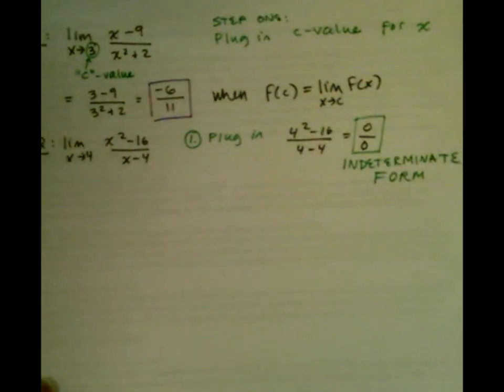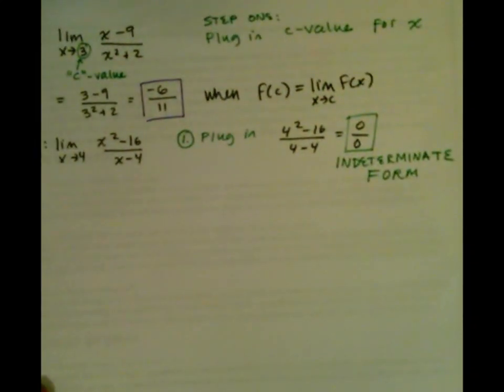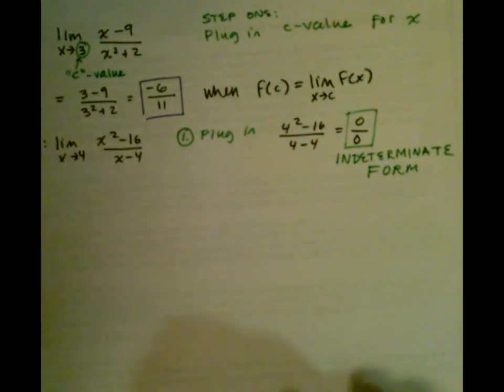This is telling us that we have some sort of hole in our graph at x equals 4. So the idea is to do some algebra to eliminate the hole and figure out what height the function is approaching.